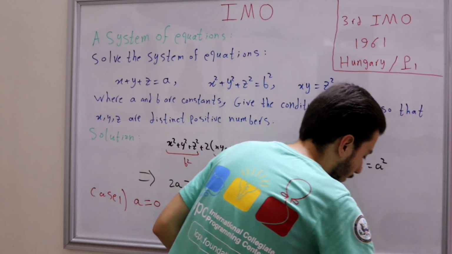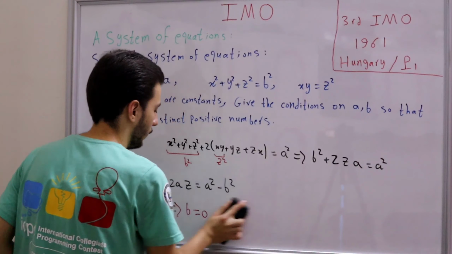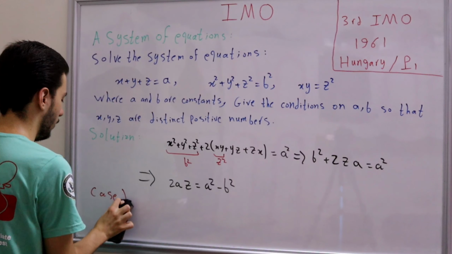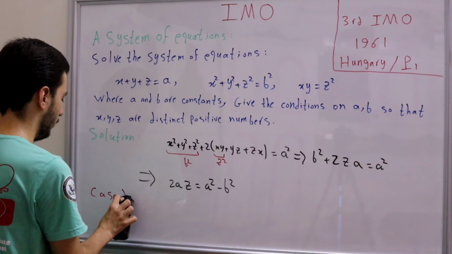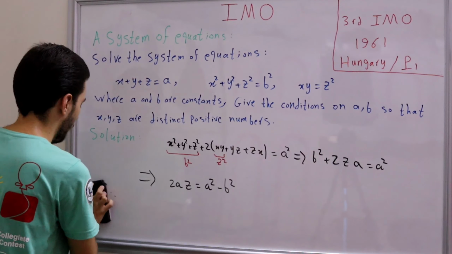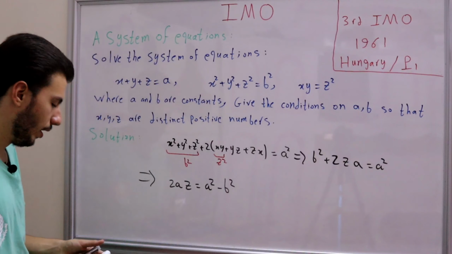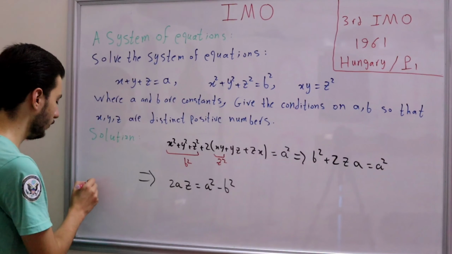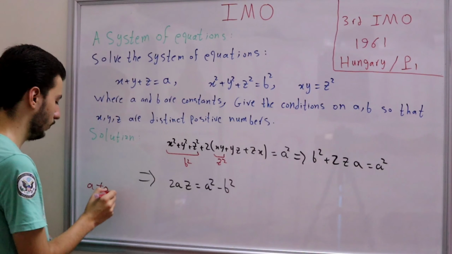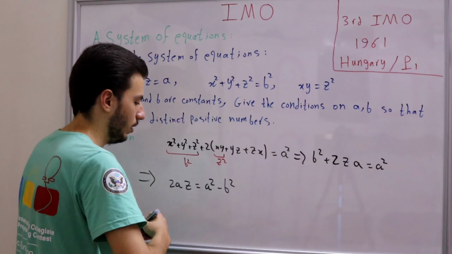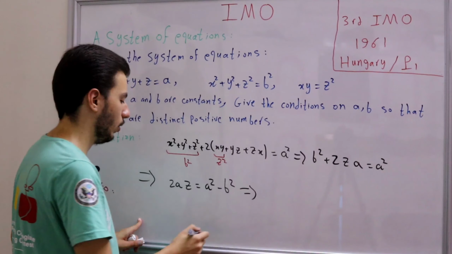Alright, so let's erase that. Let's now assume that a is not 0. Now we know what c is, which is pretty good.